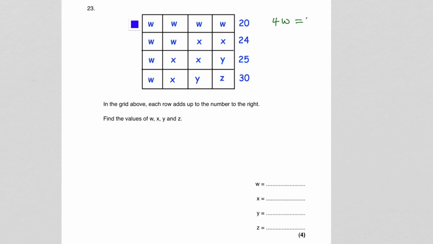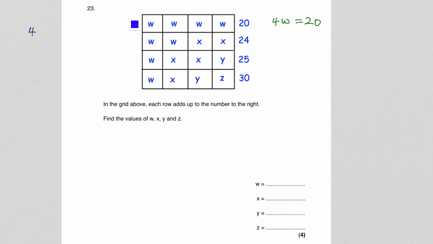4w equals 20 because w plus w plus w plus w equals 20, because this question told us what to do. Each row adds up to the number to the right. So now I can find w because I know 4w equals 20.